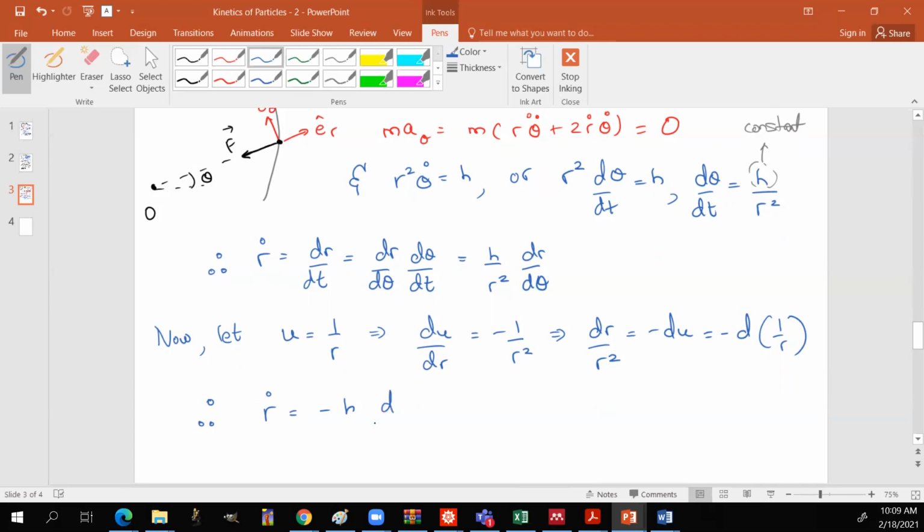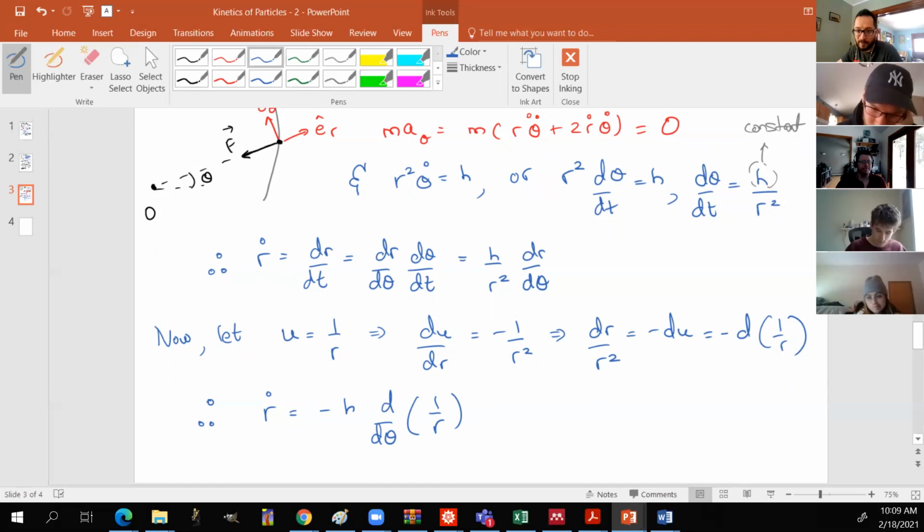So you have d over d theta of 1 over r. Does that make sense? Good. Just pure mathematical juggling to get to a trajectory which we can define easily. That's all we're doing right now.